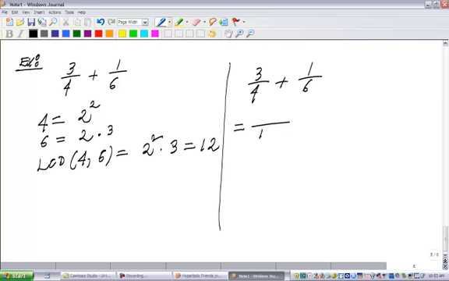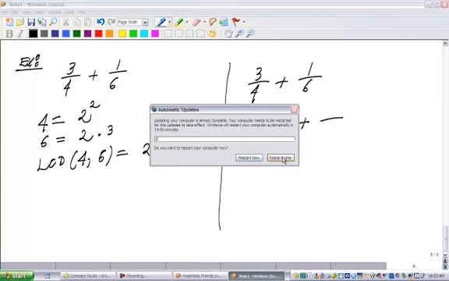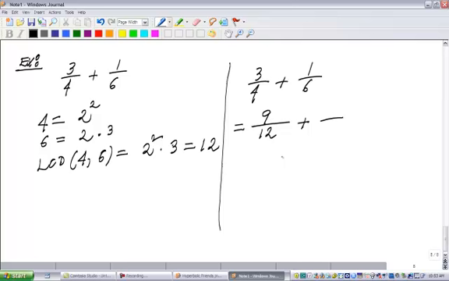So then I get 12 here, but then I have to multiply the numerator by 3, I get 9. And then here, I want 12 in the denominator, so I have to multiply by 2. I have to multiply the numerator by 2. So then I add 9 plus 2 is 11 divided by 12. Here's the first way.